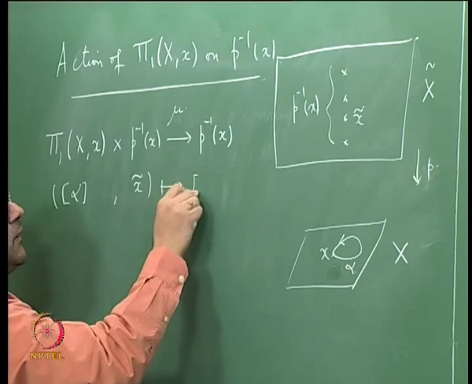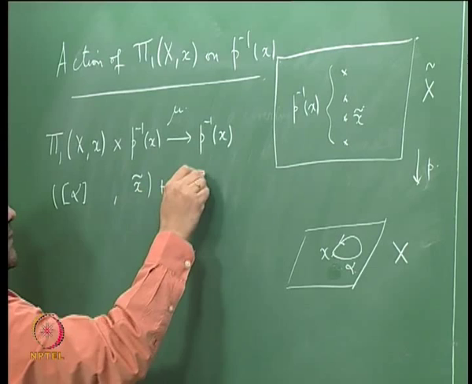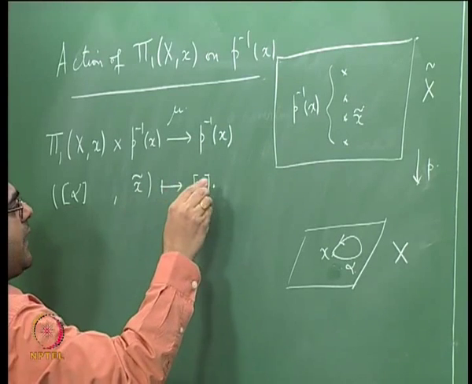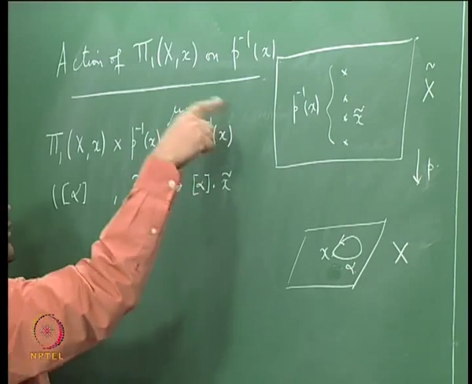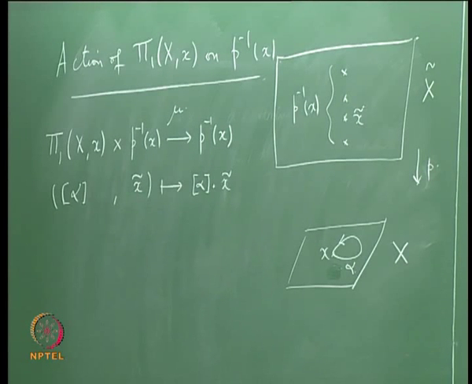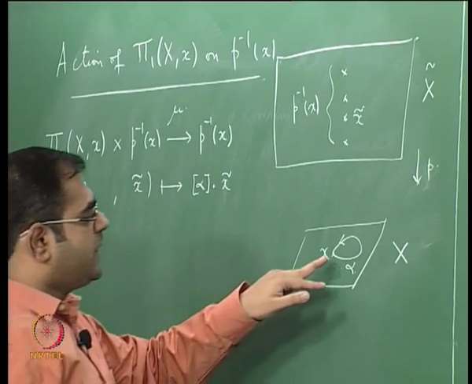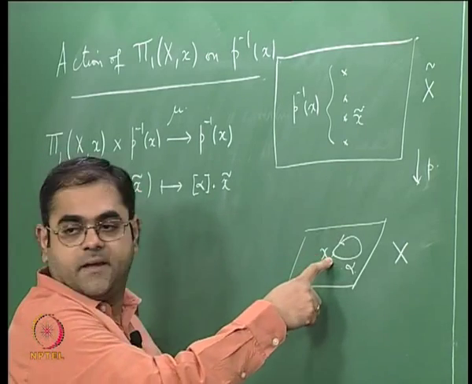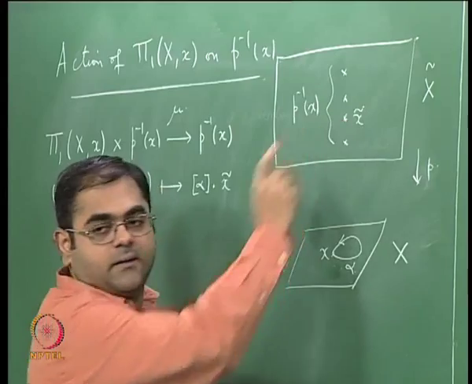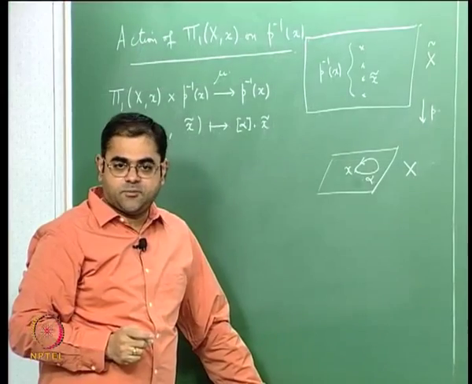So I am going to tell you what happens when I take this alpha and act on x tilde. I have to produce a new point on the fiber, right. So how am I going to do it? I am going to do it by using consequence 2, the unique path lifting property, okay. So I have this path alpha, it is a loop, and I have a point above which is being prescribed to me, okay.